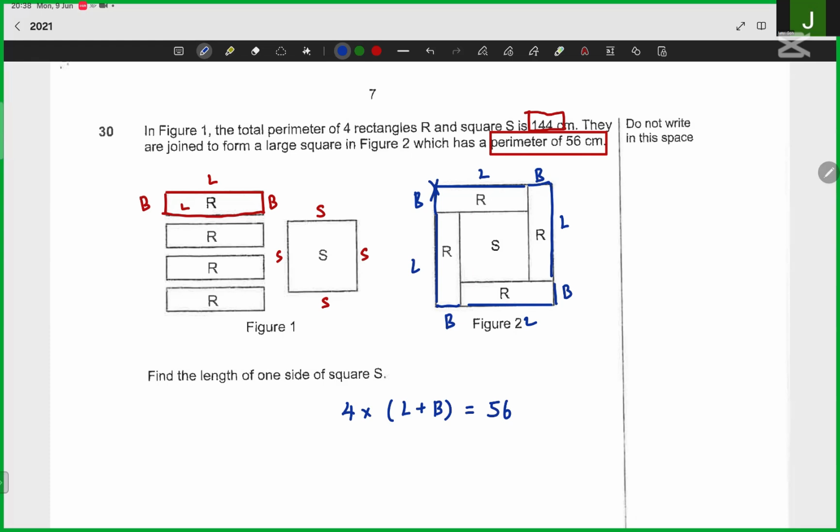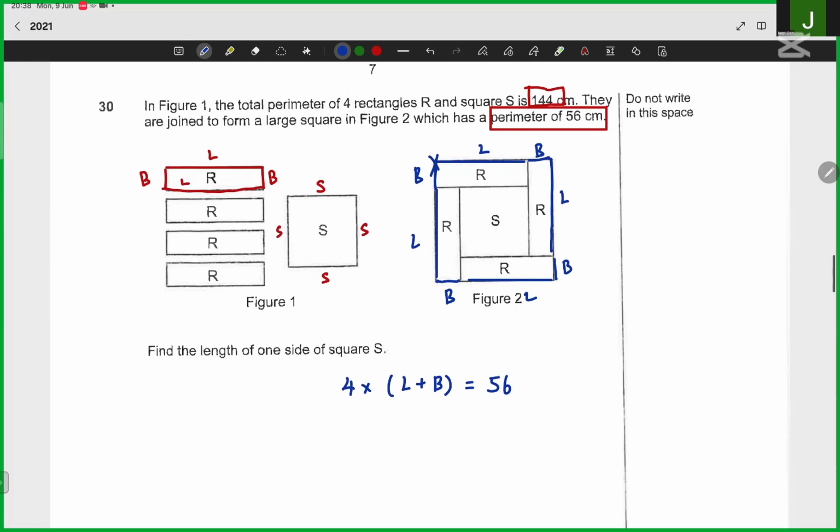Now if I were to divide by 4, I would know that a length plus a breadth must be 56 divided by 4, which is 14 cm. Which means that if I look at figure 1, this part is 14. Here is another 14.